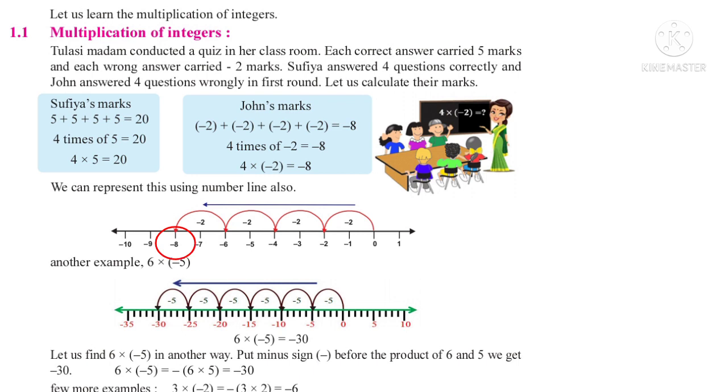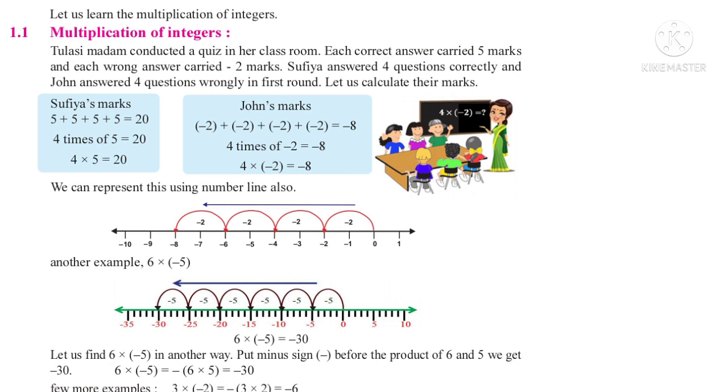In the same way, another example is also given, that is, 6 into -5. On the number line, first we move from 0 to -5 on the left side, and we make this type of jump 6 times: -5, -5, -5, -5, -5, -5. At last we reach -30. So that is the answer.